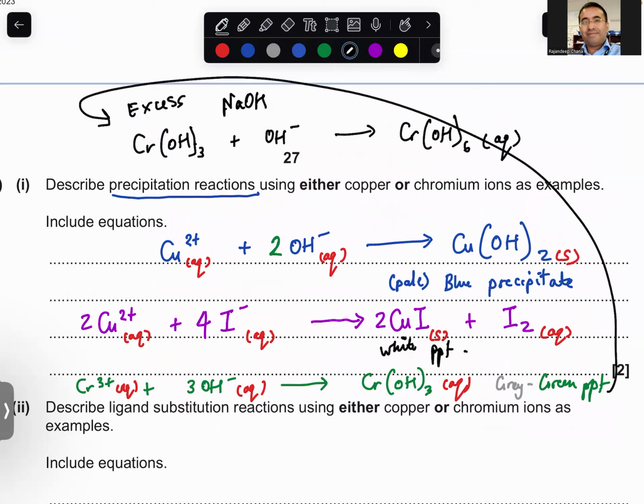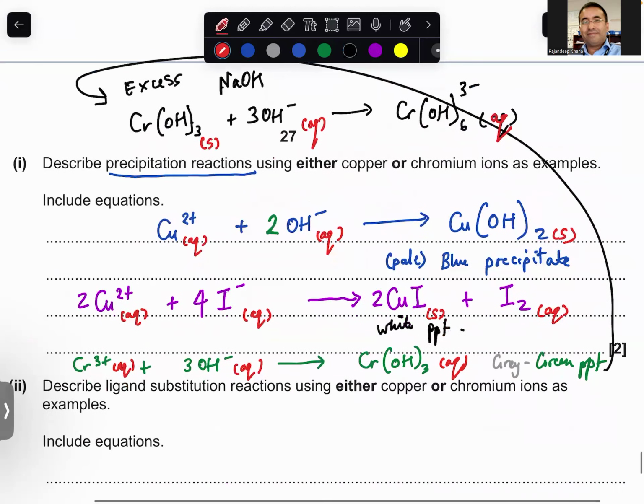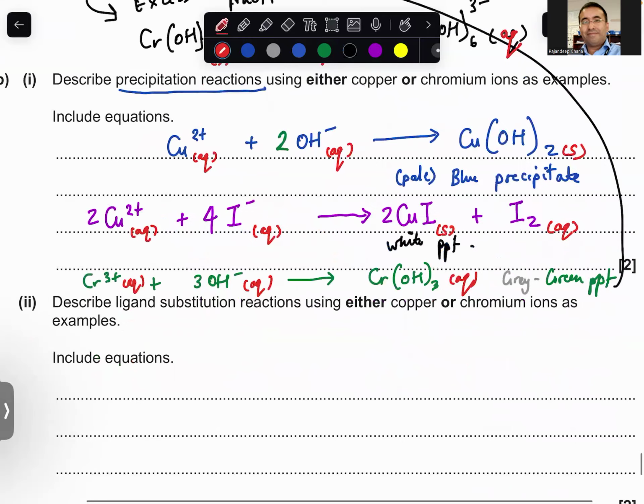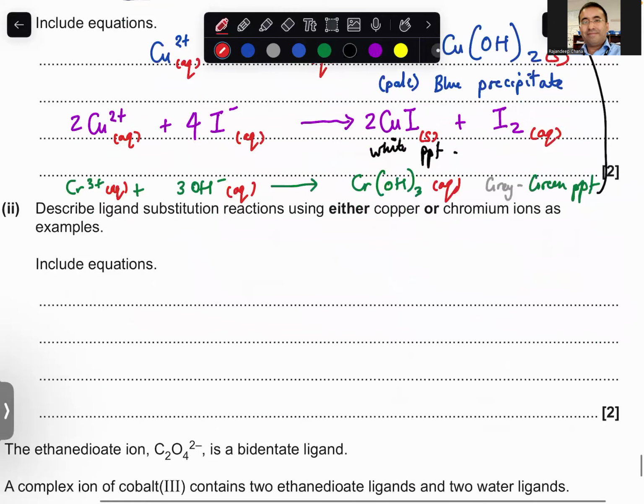And the charge of the whole complex is 3-. And you've got your state symbols, s, aq, and aq. Yep, so you've got a range of possible answers here, but it's a great learning experience looking at all the possible answers.